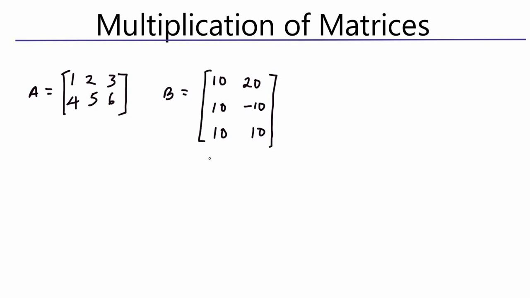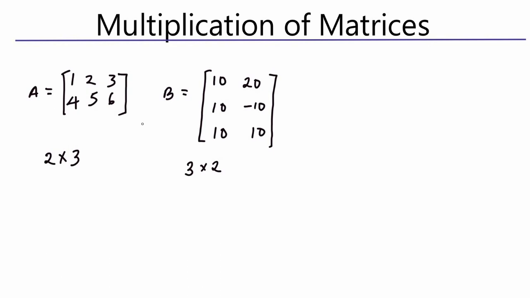We have matrix A and B. Our matrix A is, we can count the number of rows, there are 2, the number of columns are 3. So this is a 2 by 3 matrix. And in our second matrix, we have 3 rows, 2 columns. So this is a 3 by 2 matrix.